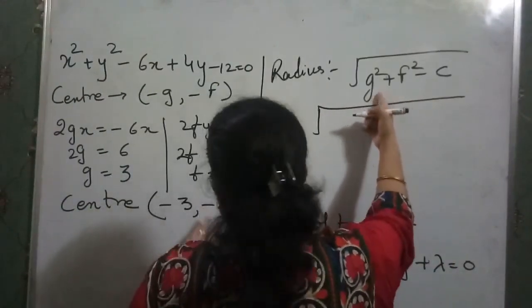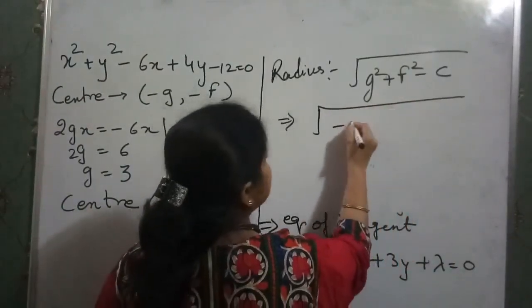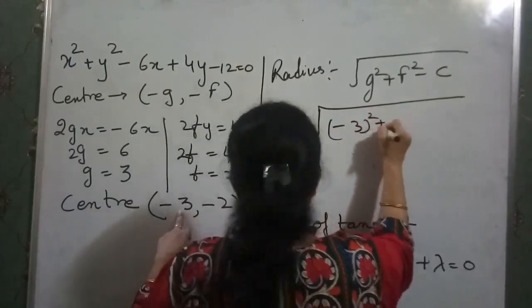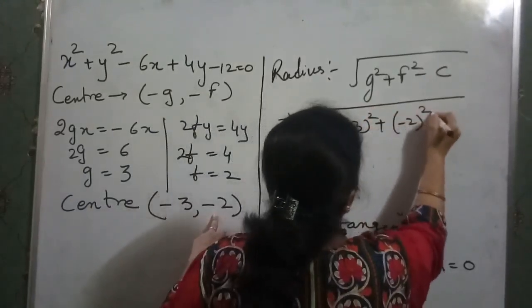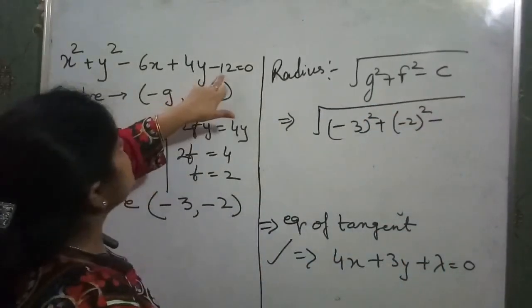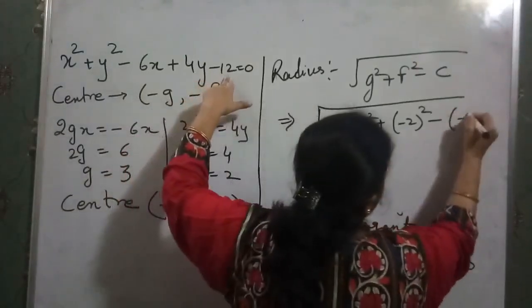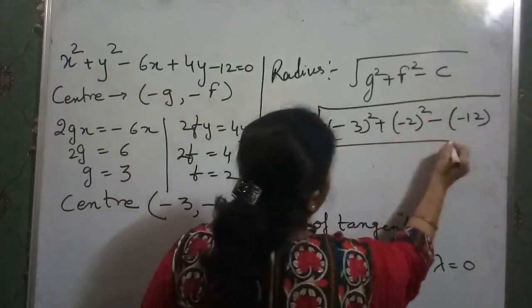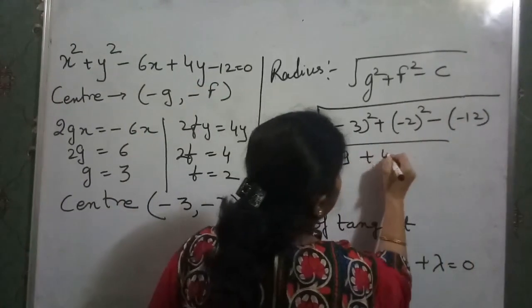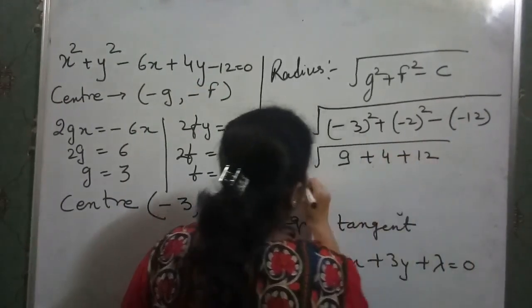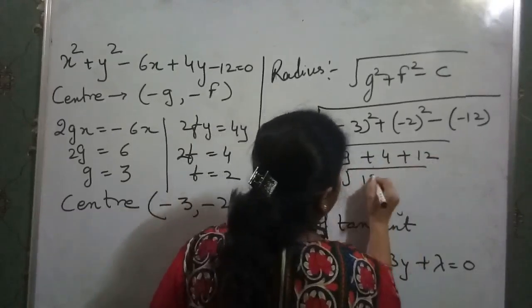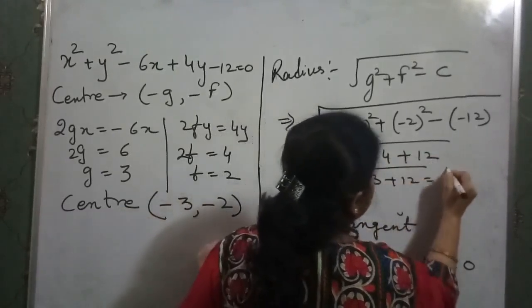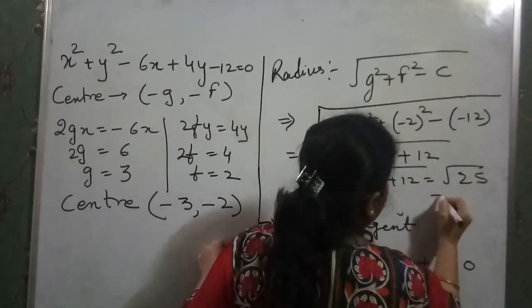Now g is -3, so (-3)² + (-2)² - (-12), that is 9 + 4 + 12, which is 13 + 12 = 25, and our radius is 5. Clear?